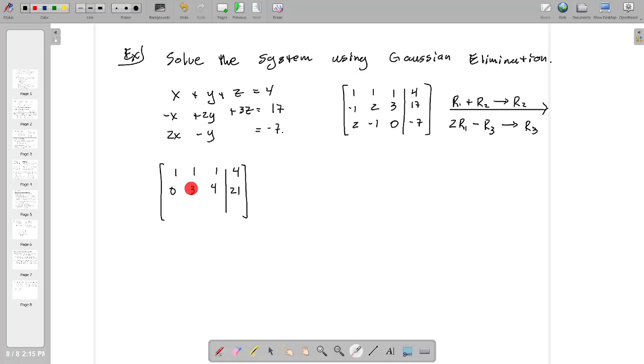Now we don't have a 1 as a leading entry in our second row, and that's okay. We'll deal with that when we need to. But for right now, we're just going to move on to modifying row 3. 2 times row 1 minus row 3.